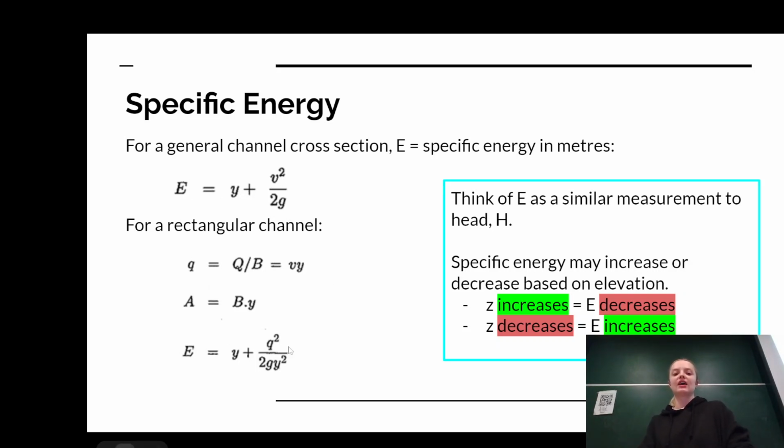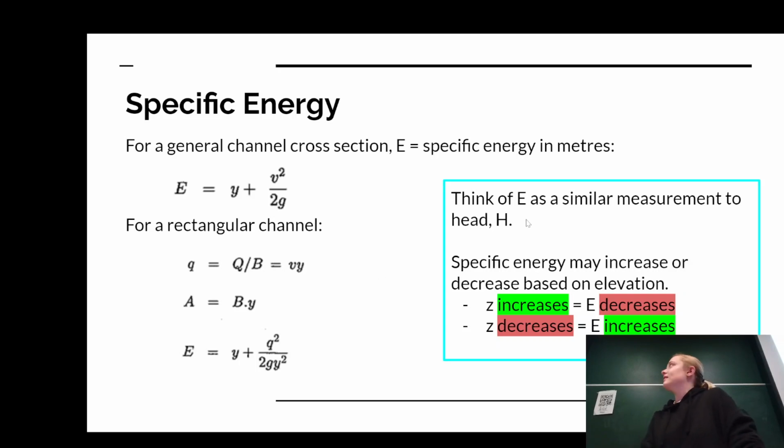We've got some simplifications here for a rectangular channel. So we know our flow per meter width is Q over B, which is the width of the channel. And that simplifies down to V times y for a rectangular channel. And then we get this equation down here for specific energy.